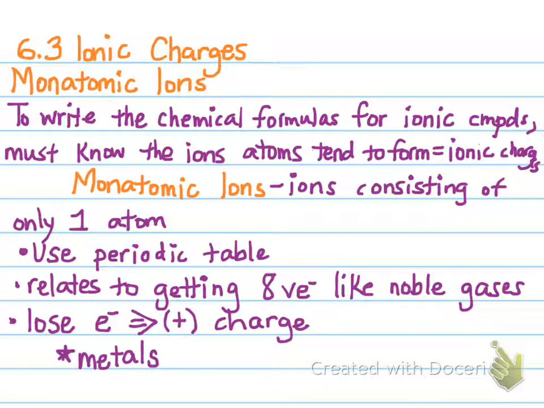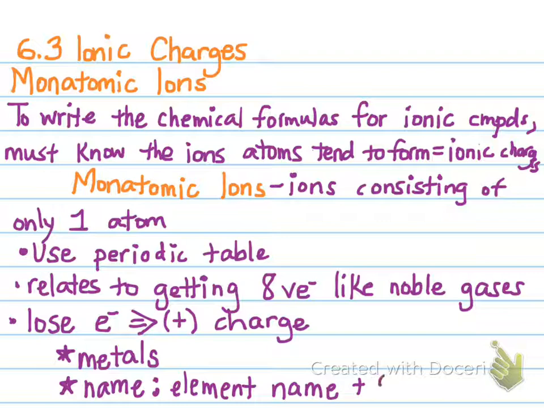Remember, the metals are to the left and below the heavy stair-step line on your periodic table. To name these ions, it is just the element name plus the word ion.